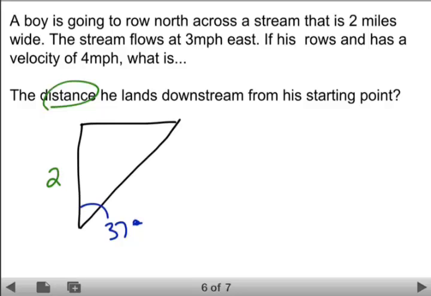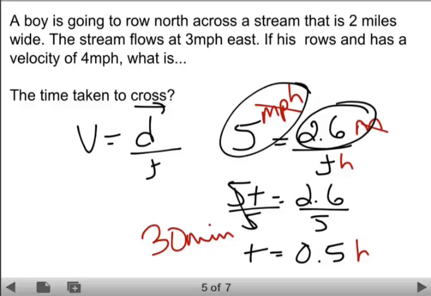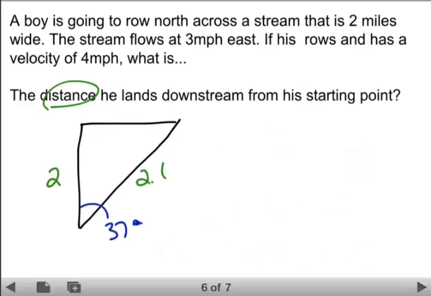We know that this was 2.6. That's what we calculated previously. So these are all in miles. Okay. And the distance that he lands downstream from his starting point. So his starting point is here. He wanted to get here, but he lands over here. So what we're going to look for is this distance there.